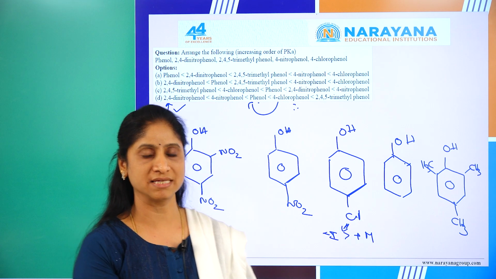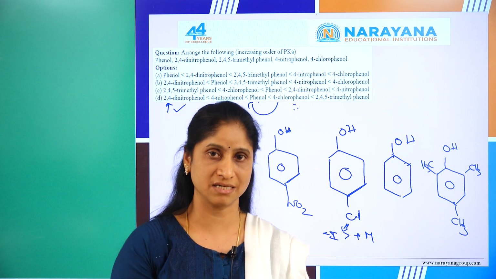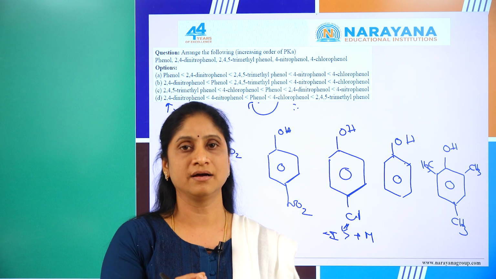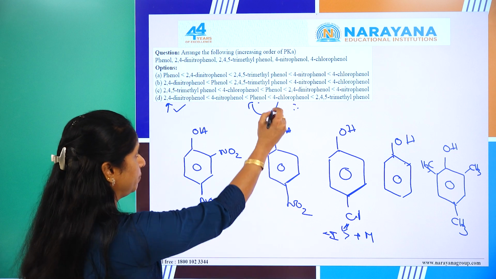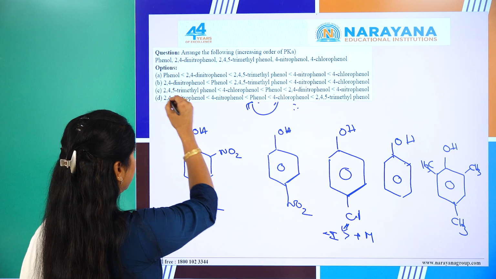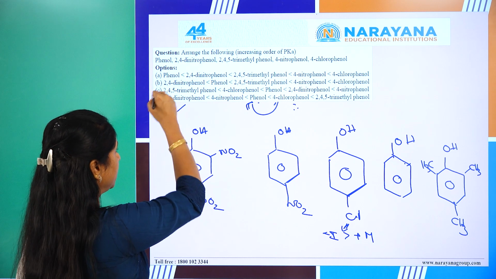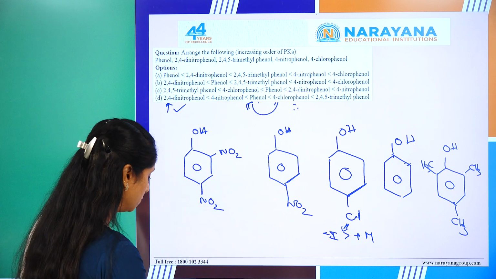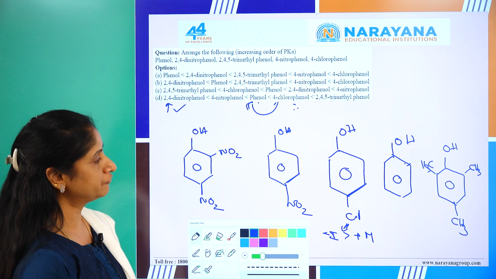Therefore it should be considered as electron withdrawing, which increases the acidic strength slightly more than phenol. I think the correct answer could be 4-chlorophenol here. By doing that correction, in this option D we can go with 4-chlorophenol being more acidic than phenol.